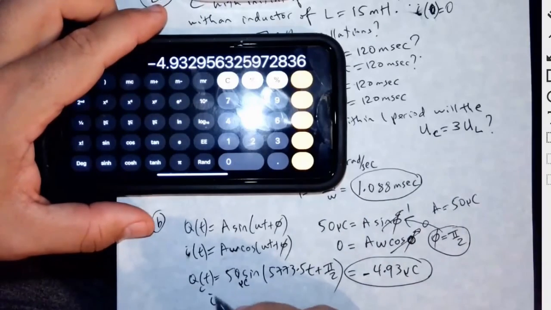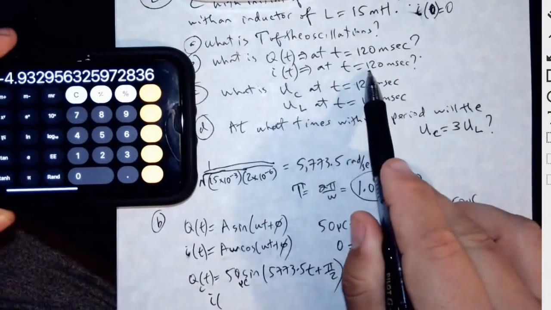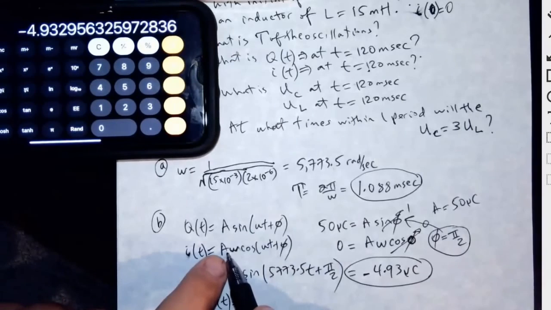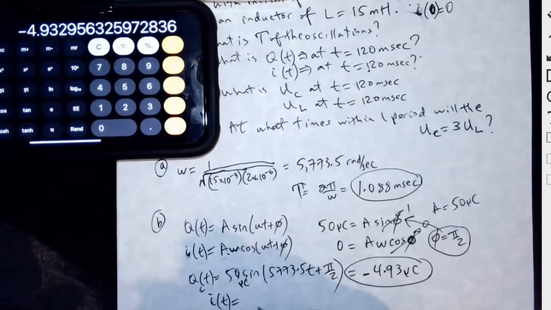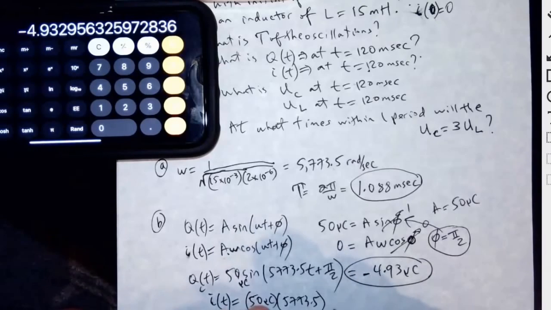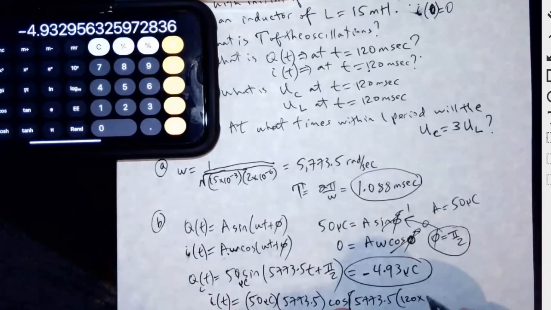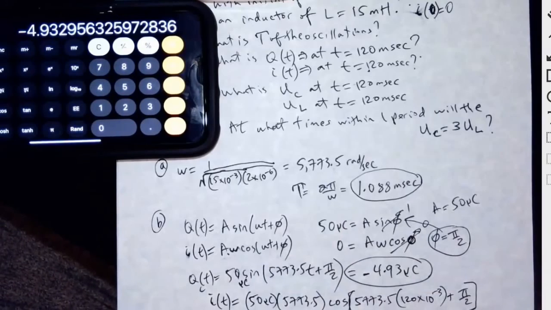Okay, and how about the current at 120 milliseconds? The current would be A omega, so 50 micro times 5773.5 times cosine of 5773.5 times 120 milliseconds plus pi over 2. This section is going to have a lot more trig. You have to be in radian mode all the time.